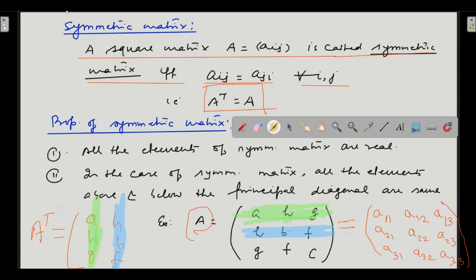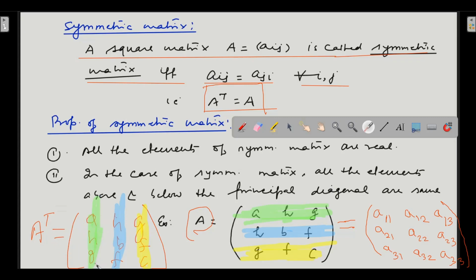After taking the transpose, you will realize that both of them are coming out to be the same. This is the third row, and it will become the third column in the transpose. Now have a look at this matrix once again.